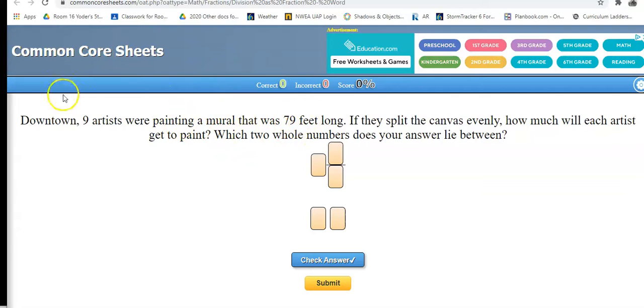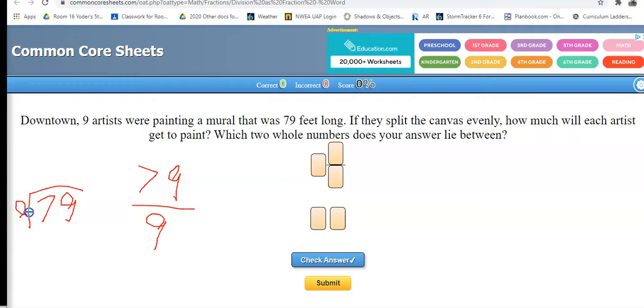You'll see already this is going to be 79 feet divided among your 9 artists. So you'll have to do, there it gave it to me, 79 divided by, that's why they have space for a mixed number. So you'll have to do the work on paper. 79 divided by 9. 9 times 8.